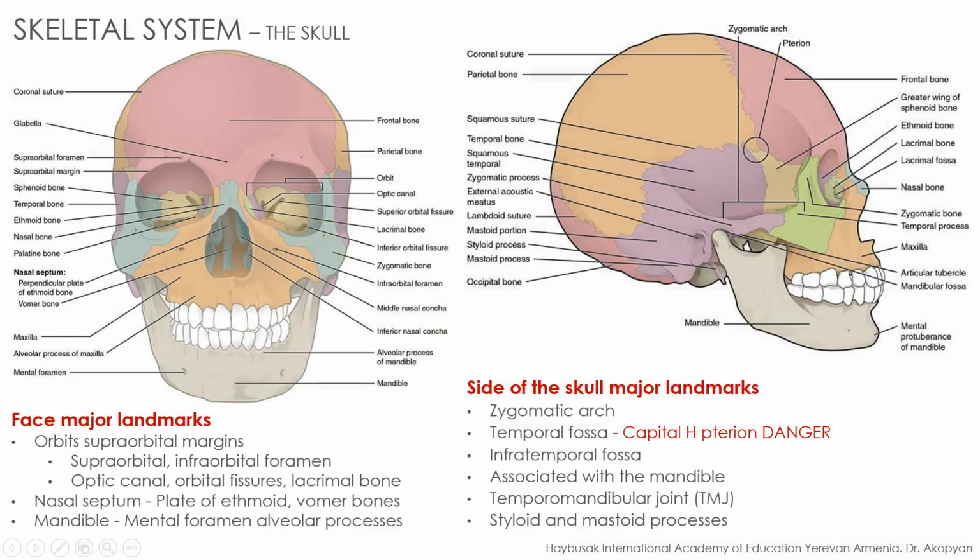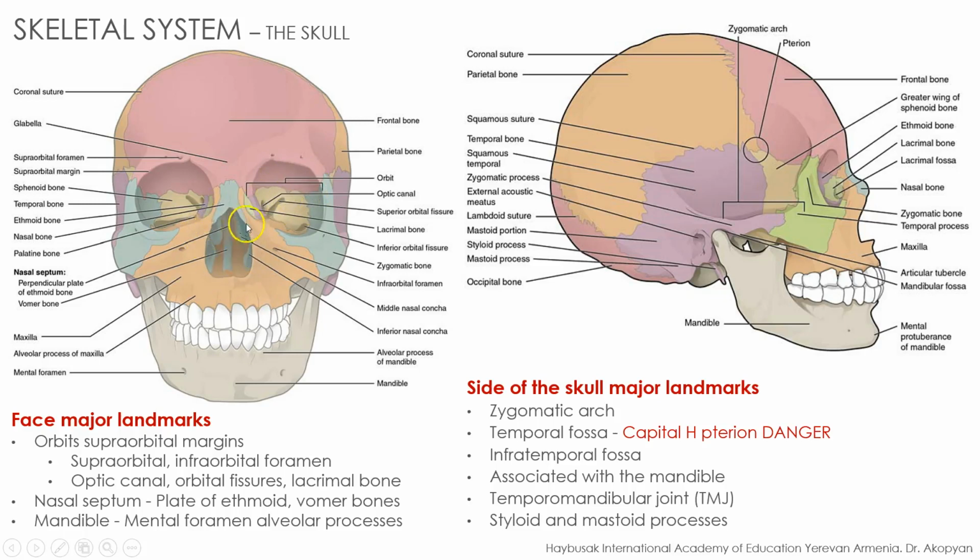If you look at the human skull anteriorly and laterally, there are some essential landmarks we should be aware of. Anteriorly in the skull, you can see prominently the orbits. These house the eyes and the associated musculature, vasculature, and nerves.